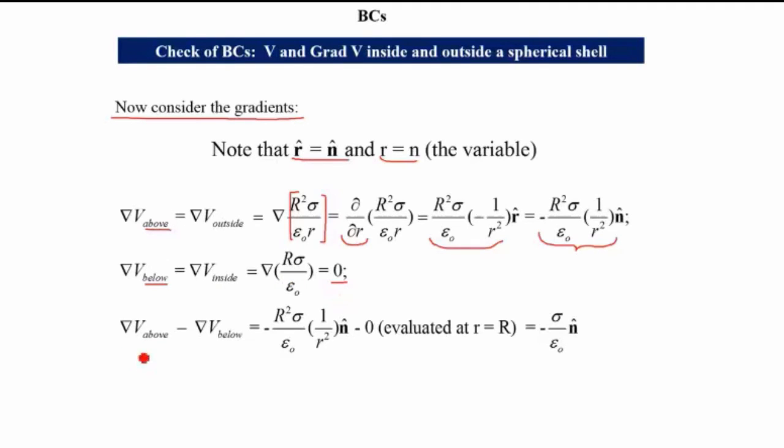So take the difference of the gradients, and we end up, of course, with just the gradient above, but that we evaluate at the interface, which is r equals capital R. And when we do that, we get the change in the gradient, including the sign. We get the correct value for the change in the gradient.